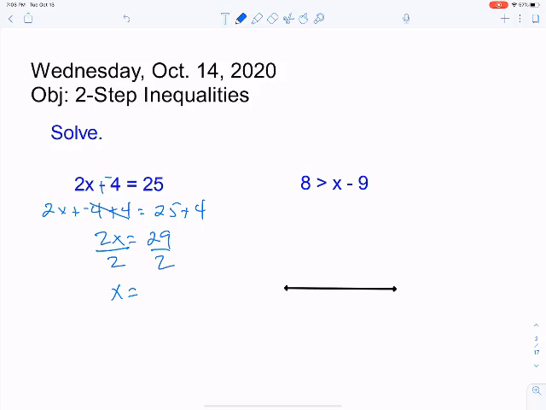And I end up with x is equal to, well, in this one you get a couple of different answers that would be acceptable. One of them is 29 over 2, and that would work just fine. Another answer would be 14 and 1/2. That would also work because you take the 29 and you do some division. 2 goes into 29 one time in the tens place.